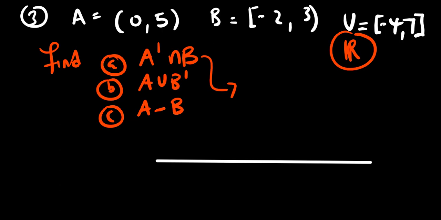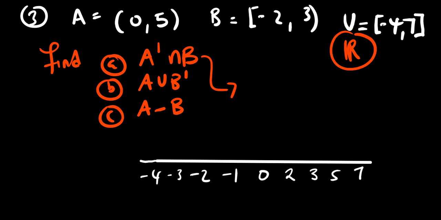Let's say this is 0, then 2, 3, 5, and 7. On the other side, let me say -1, -2, -3, -4.